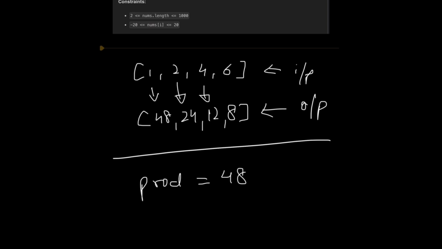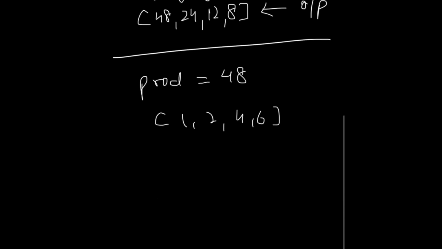And then as we iterate through each number in the array, which is 1, 2, 4, and 6, we just want to divide. Let's say when we're iterating through 1, we will do 48 divided by 1, and the answer is 48 itself. When we're going through 2, we will divide 48 by 2, which is going to be 24.